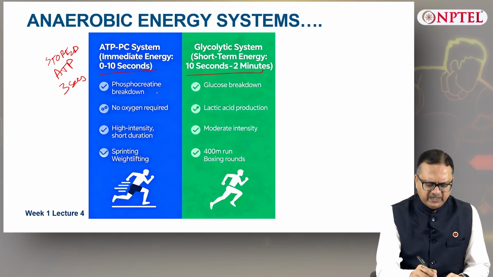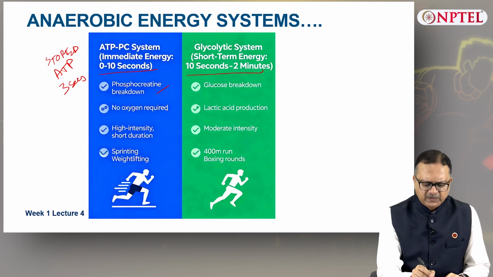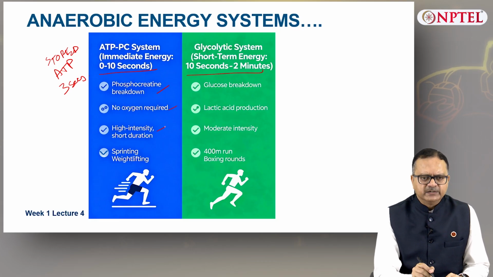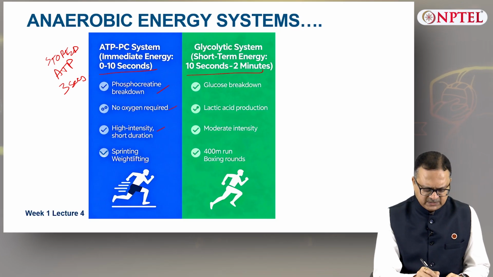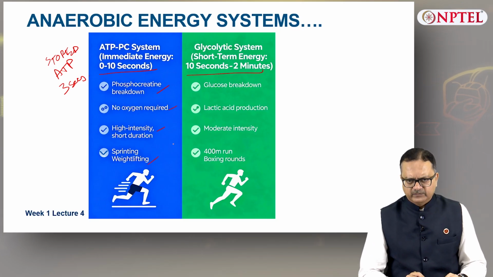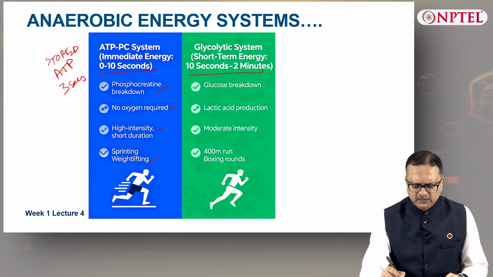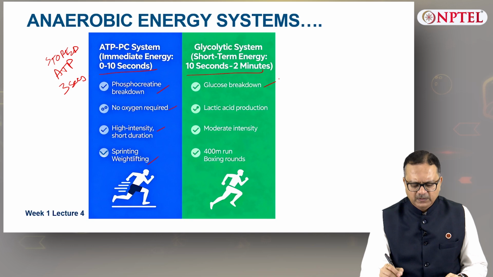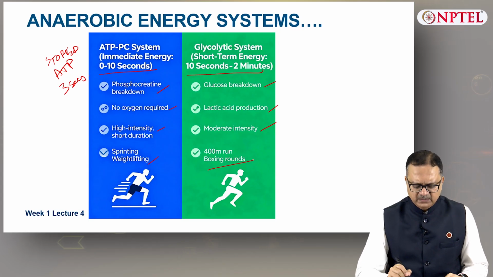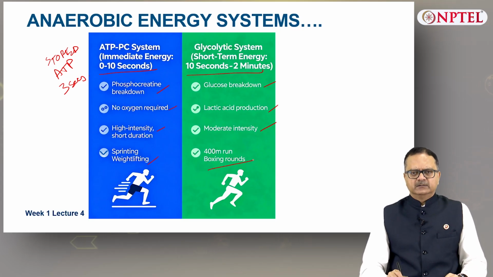The system works by phosphocreatine breakdown. No oxygen is required, and it is useful for high intensity, short duration sports such as sprinting and weightlifting. The glycolytic system works by breaking down glucose, produces lactic acid, and is useful for moderate intensity events such as boxing and 400-meter running.